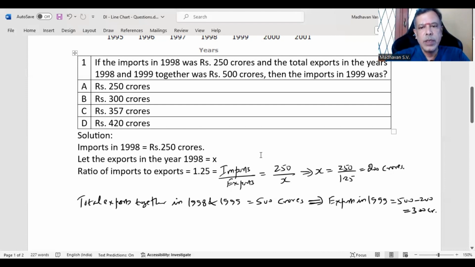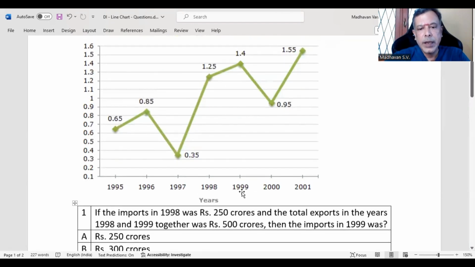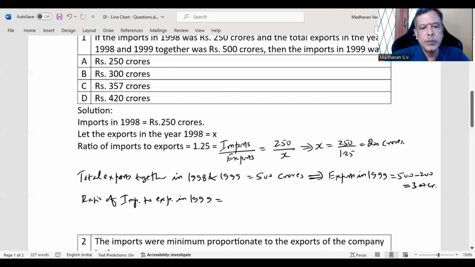Now, what is the question? Imports in 1999 is what? The ratio of imports to exports in 1999 is available in the graph. For 1999, it is 1.4. We are supposed to find imports, which we don't know.